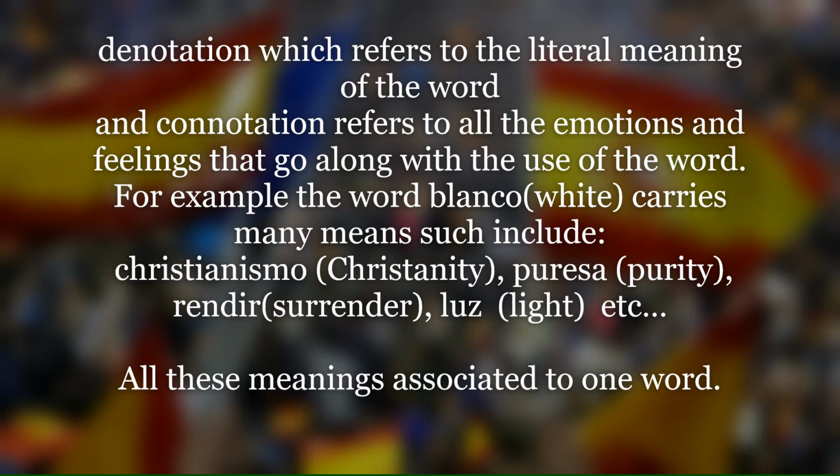For example, the word blanco, which means white, carries many meanings, such as cristianismo, which is Christianity, pureza, purity, rendir, which is surrender, or luz, which means light, and much more. All these meanings are associated with one word.